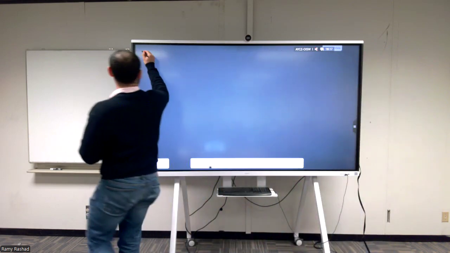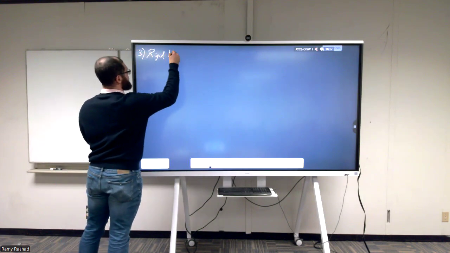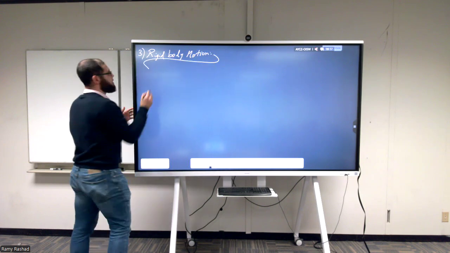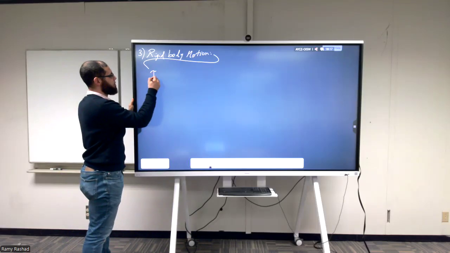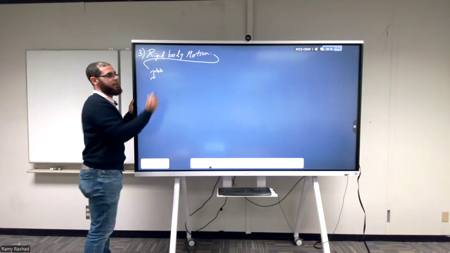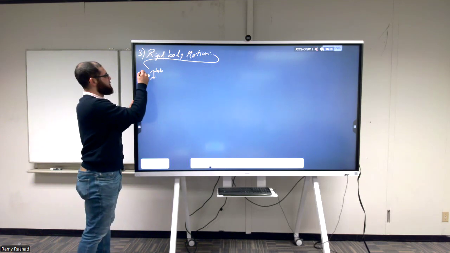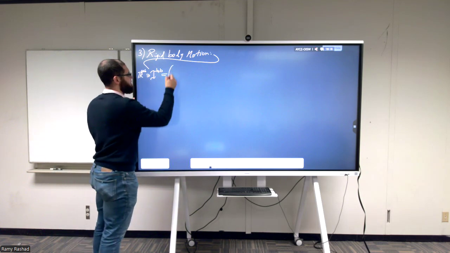So, rigid body motion. The generalized inertia tensor we're talking about, again, of body B expressed in B, is a 6x6 matrix that's also symmetric, and it looks like this.